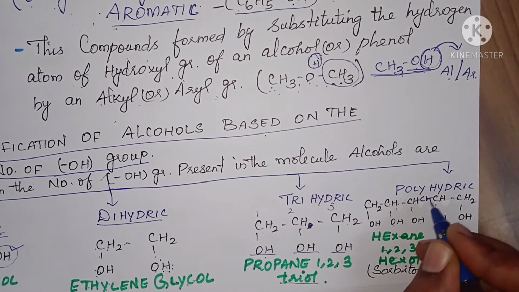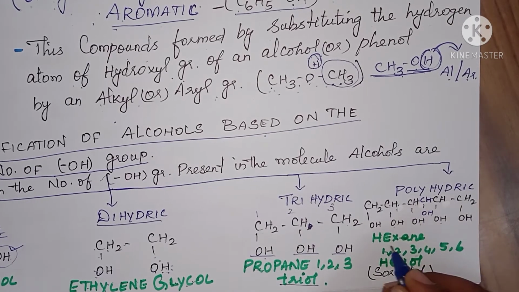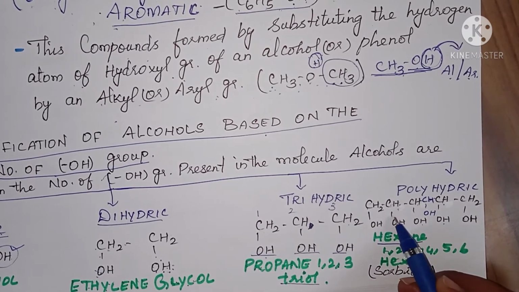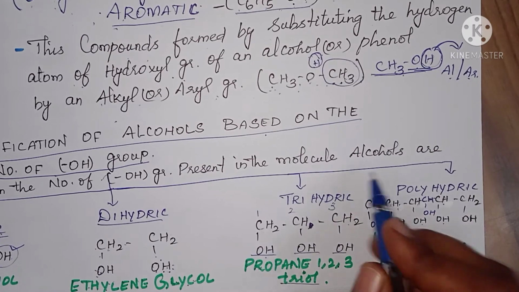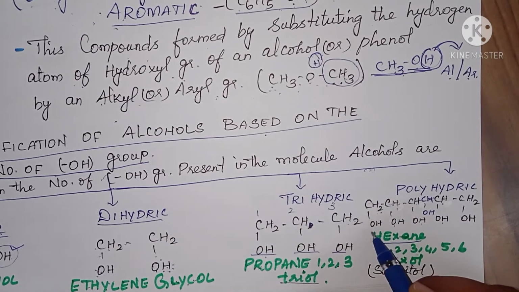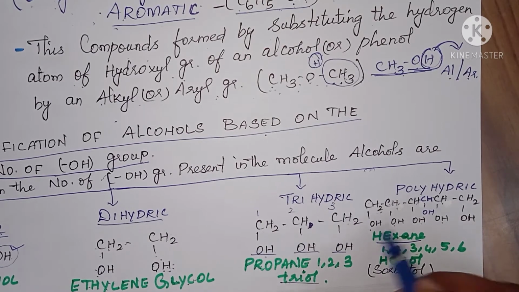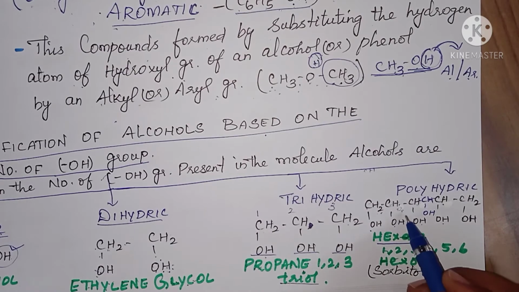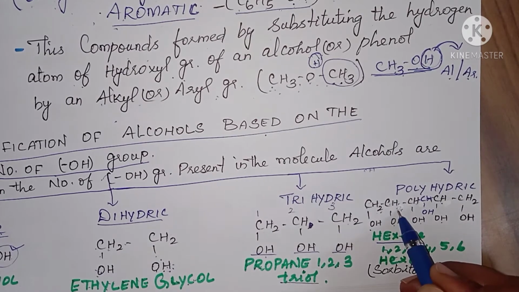Here I mentioned hexane, so one more carbon I have attached. See here, for example, CH3. One hydrogen is removed, and in that place an OH group is attached. Here CH2, in that group one hydrogen is removed, and in that place an OH group is attached.